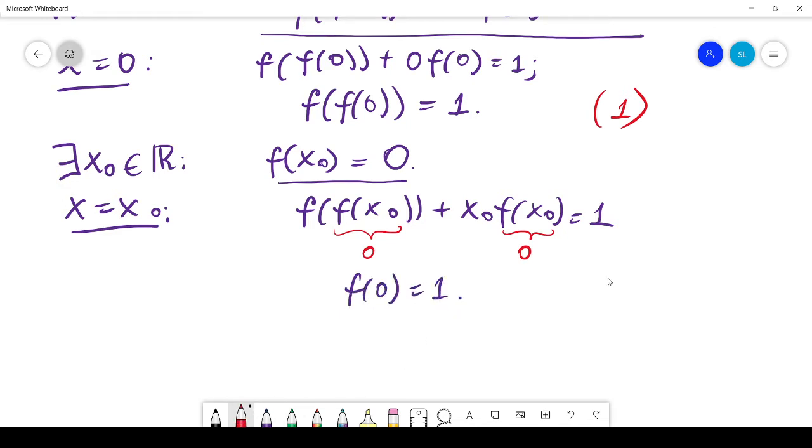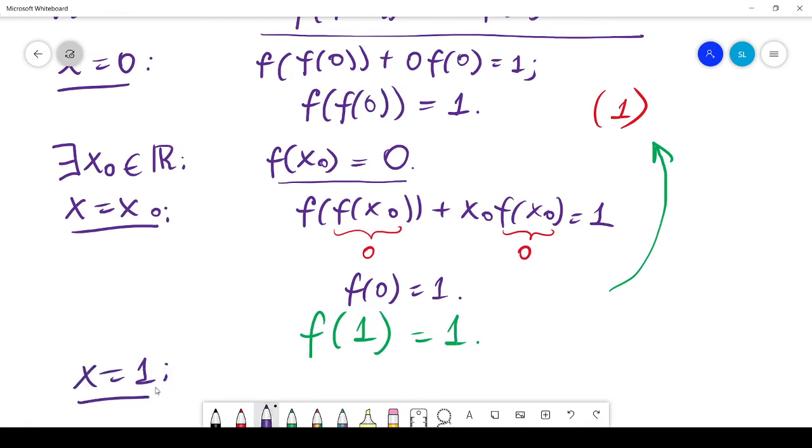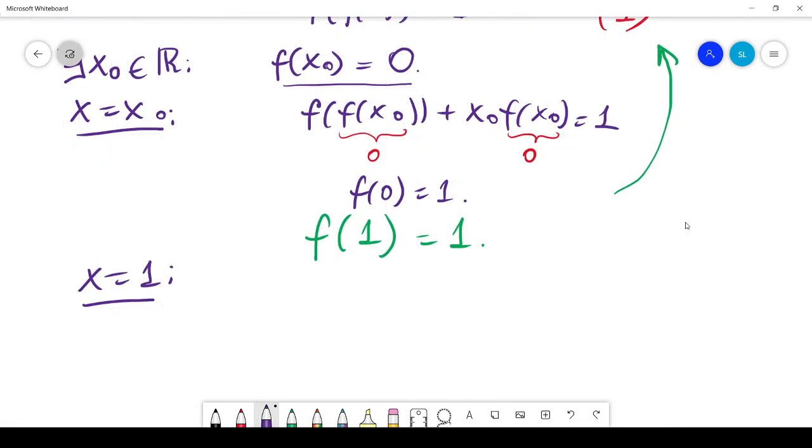Alright, let's not call this statement by any letter or number, but we can apply it to our statement number 1, and then we get that f of 1 actually equals 1 in that case. But let's then plug in x equals 1 in our first equation, and then we get f of 1 plus 1 times f of 1 is equal to 1.